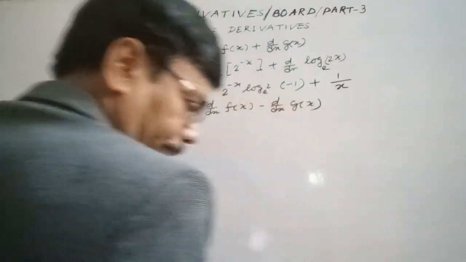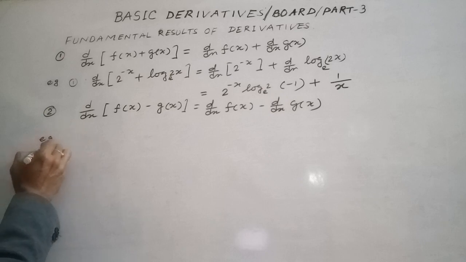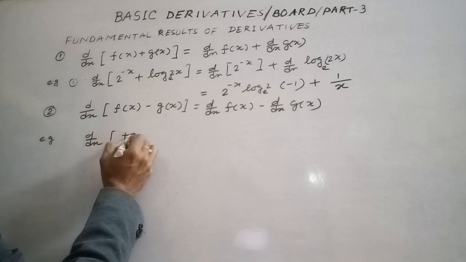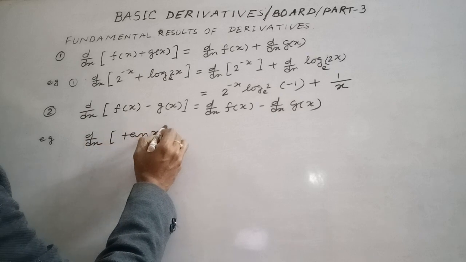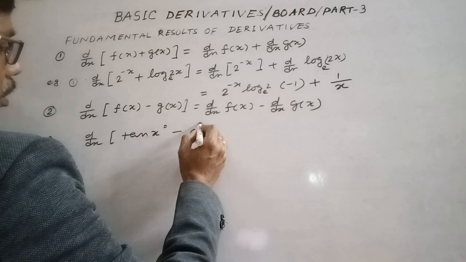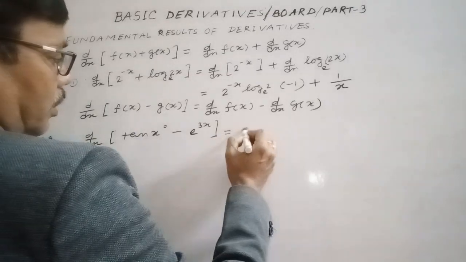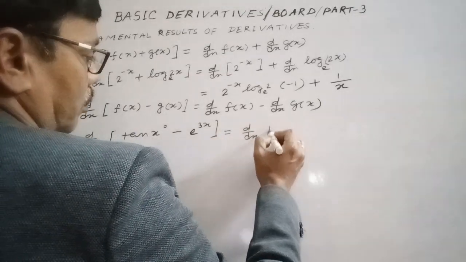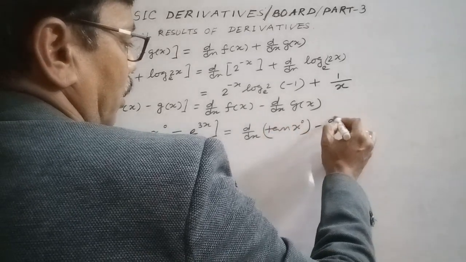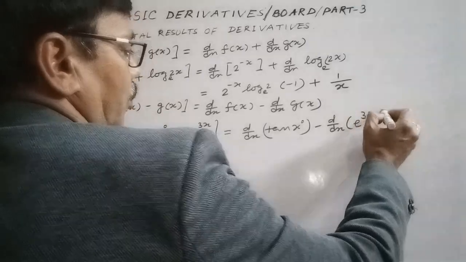Application. d by dx of tan x degree minus e to the power 3x. So we can write it as d by dx of tan x degree minus d/dx of e to the power 3x.